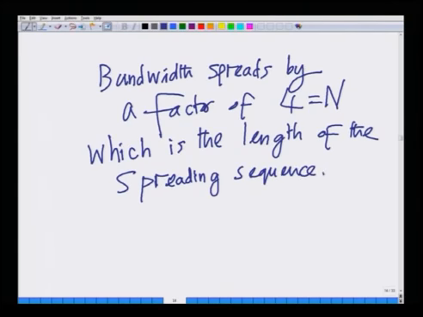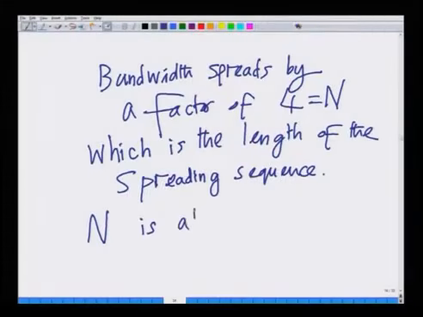So, the bandwidth spreads by a factor of n, which is the length. Remember, we used a spreading code of length 4, which is 1, 1, 1, 1 or 1, minus 1, minus 1, 1. Both of them are of length 4, and we are saying that the bandwidth increases by a factor of the length of the sequence, which is 4.